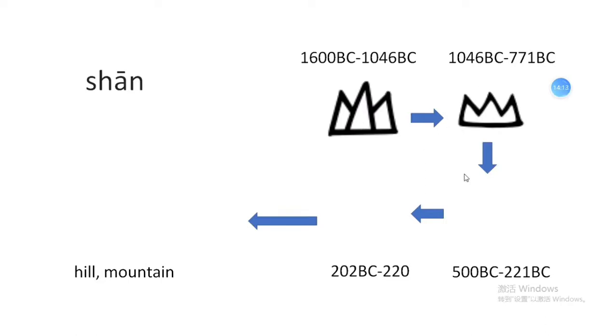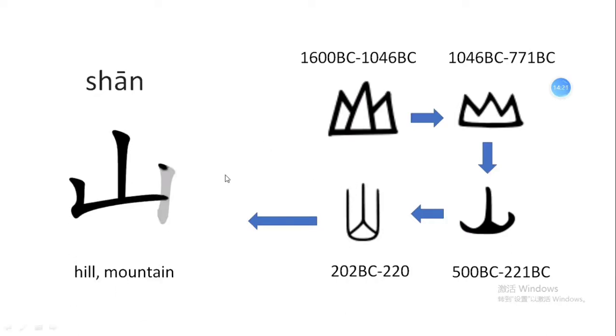So this is how it evolved as time went by. So here, in the very beginning, it's like this, and then like this, then like this. And now, the character is like this. So this character is pronounced as shan.